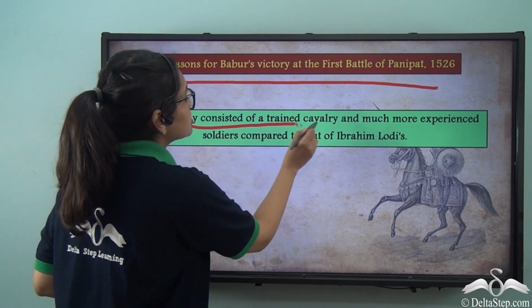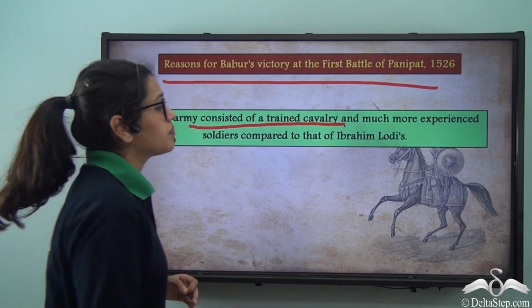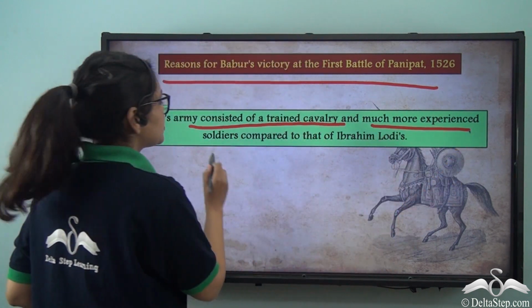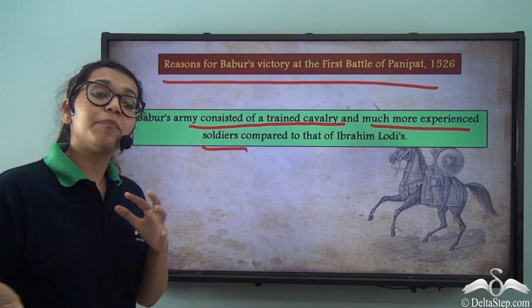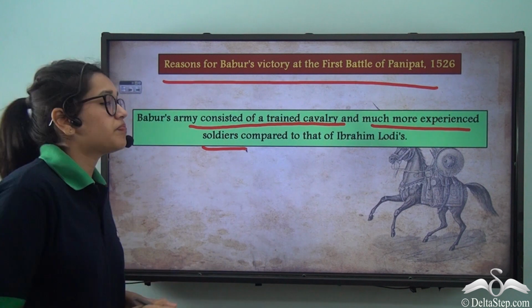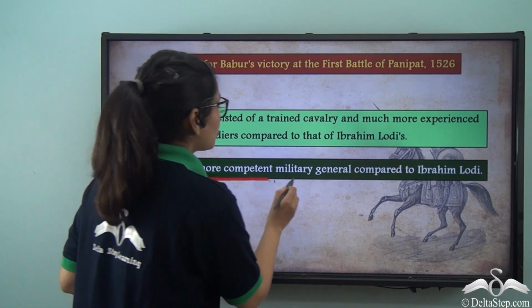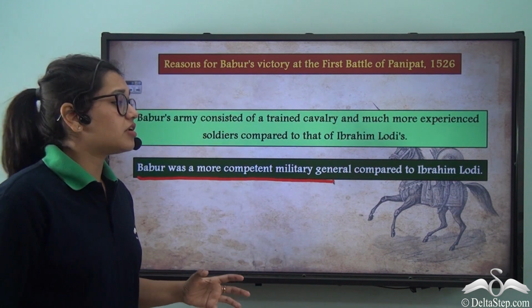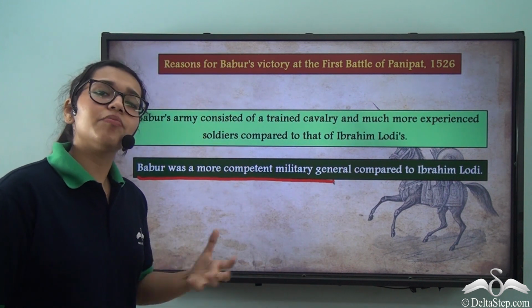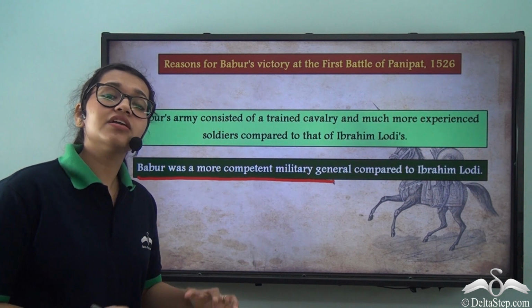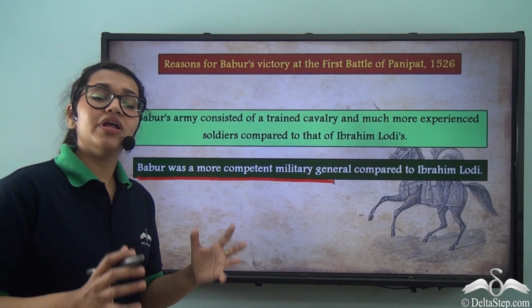Babur's army consisted of a trained cavalry and much more experienced soldiers as compared to Ibrahim Lodi's army. Not just that, Babur was a more competent military general as compared to Ibrahim Lodi, because Babur had already taken part in many military campaigns, right?